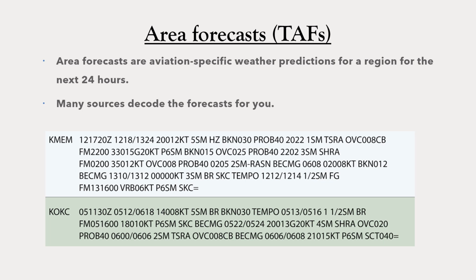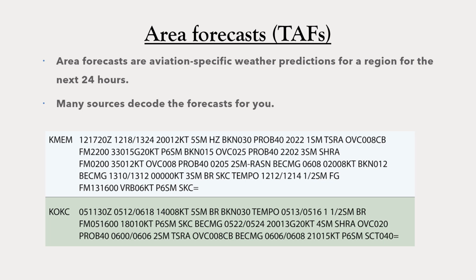And then the next thing is the time period for which the forecast is valid. So that will have 4 digits / 4 digits, and in each 4-digit block, the first 2 indicate the date, and the second 2 indicate the hour. That's all in Zulu time.